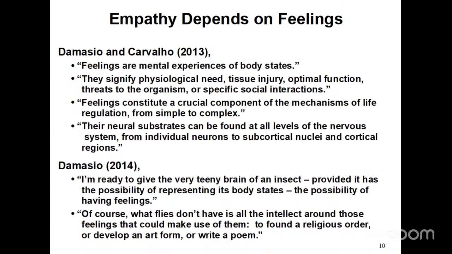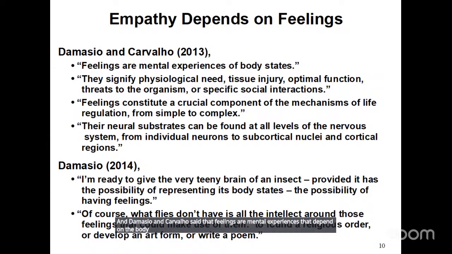Now, empathy depends on feelings. And Damasio and Carvalho said that feelings are mental experiences that depend on body states. They signify physiological need, tissue injury, and so on. And the neural substrates can be found at all levels in the nervous system, through many different parts of the brain, including parts beneath the cortex and even in the cerebellum.